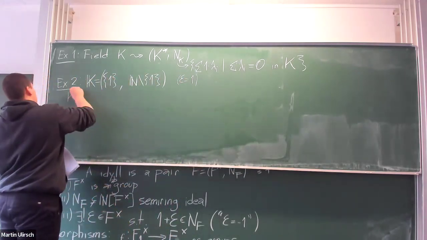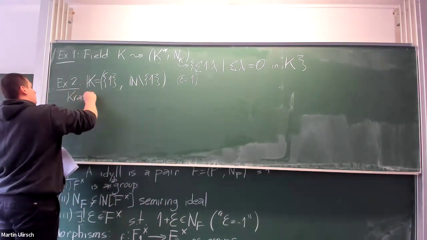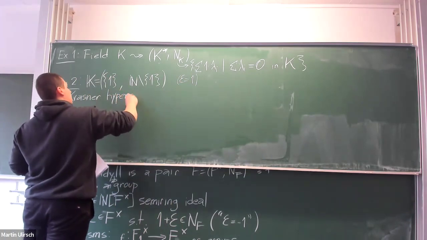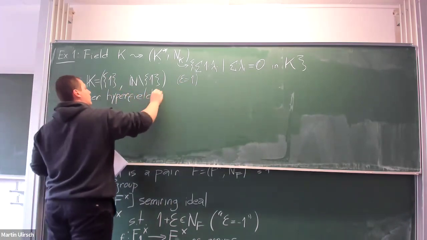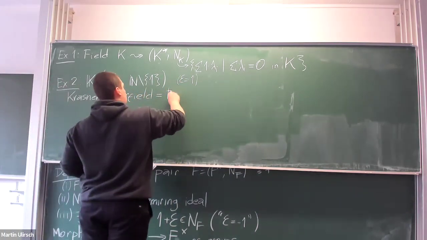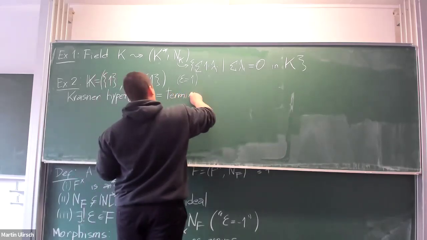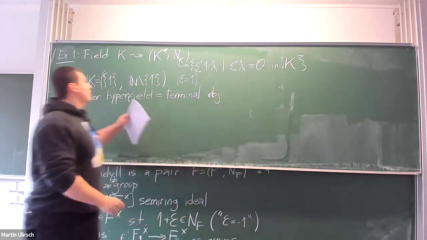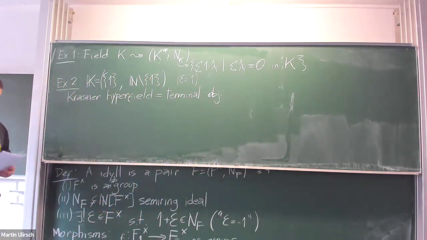And this guy here is one of the terminal objects in the category of fields. Is zero a natural number? Yes, for me, yes. Okay.